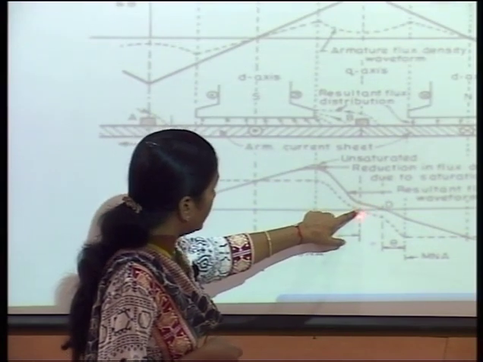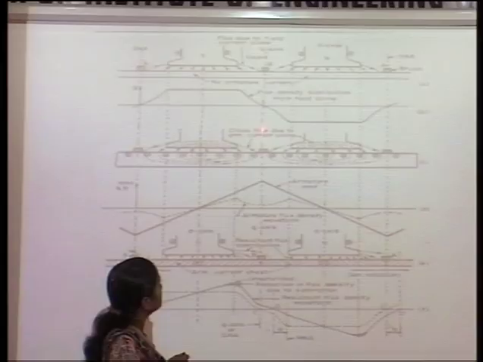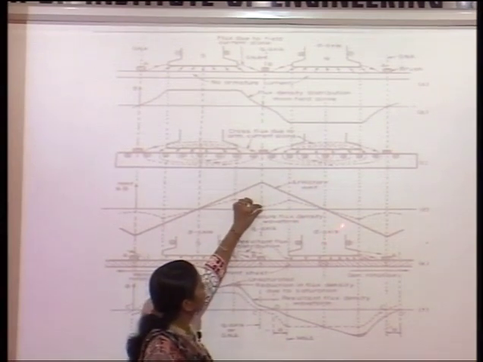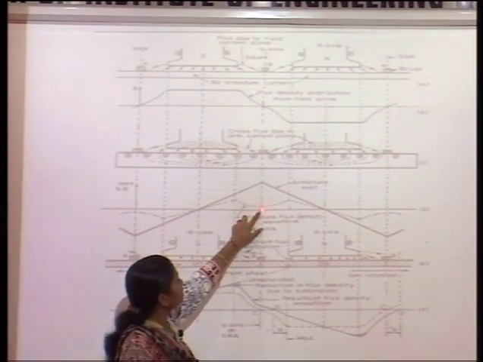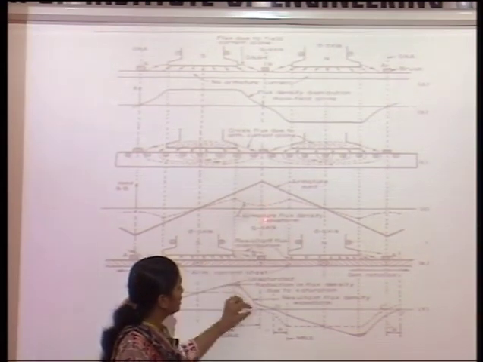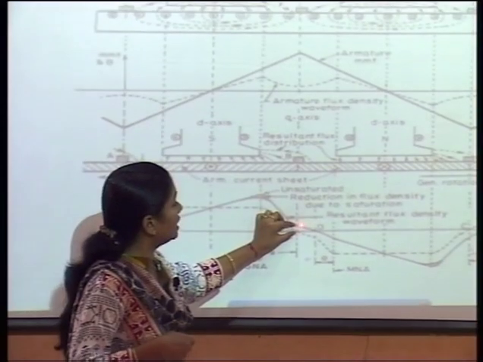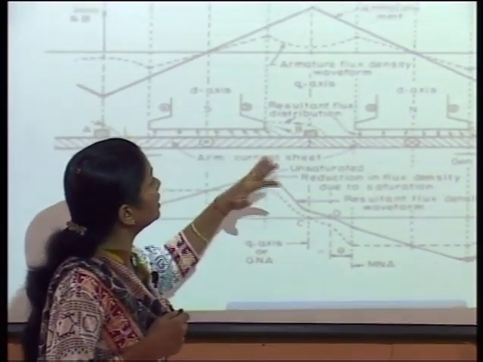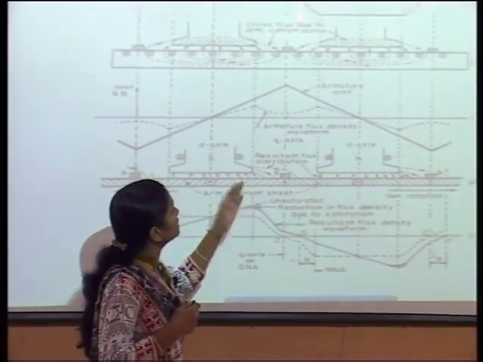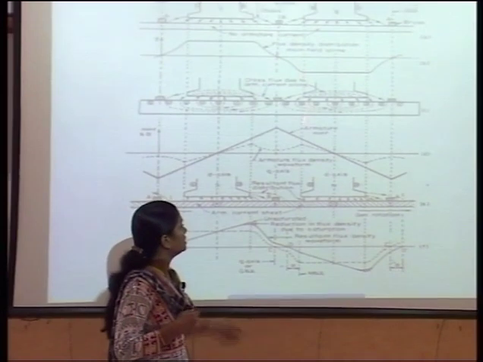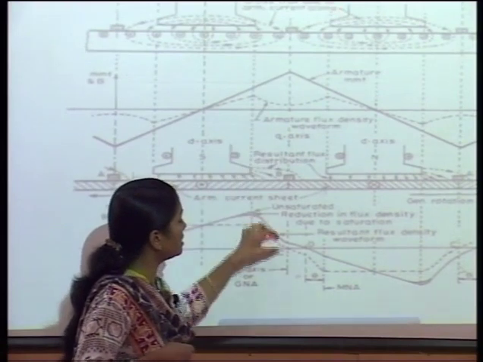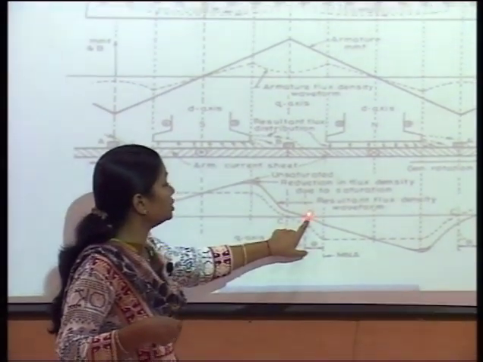But again at the geometrical neutral axis, when the flux density by the field was 0, it will not be 0 here, just because the armature flux is not 0 at this point. So, this armature flux will create some flux density at the geometrical neutral axis, and then after the geometrical neutral axis, the field flux started increasing in the opposite direction and the armature flux is still in the same direction, but somewhere they will cancel each other and there it will cross through the 0.